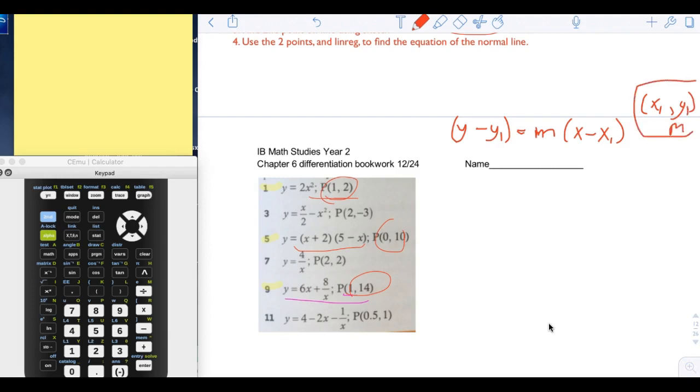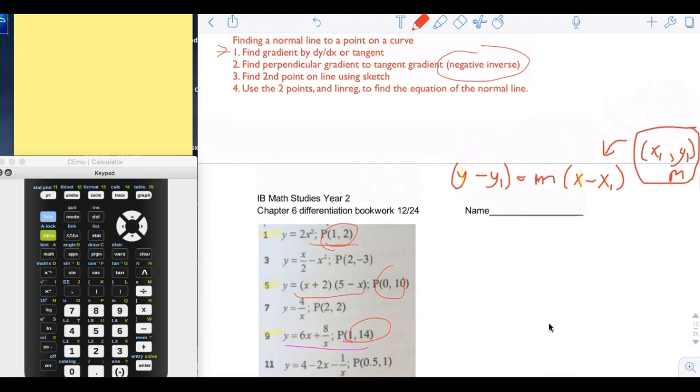These are the two pieces of information that you would need to make this equation of a line. x and y are just the variables, so you wouldn't need to substitute anything in for x and y. Okay, so I'm going to show you how to do it this way. And if you like this way, you can do normal lines this way.